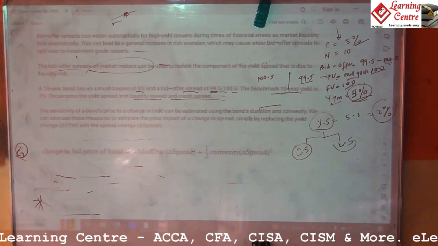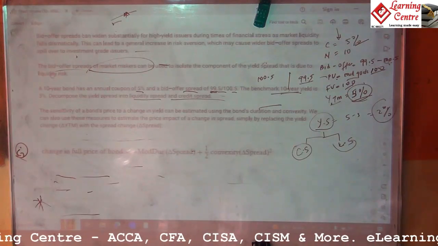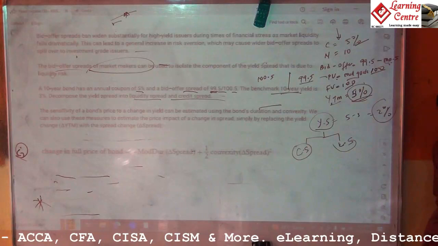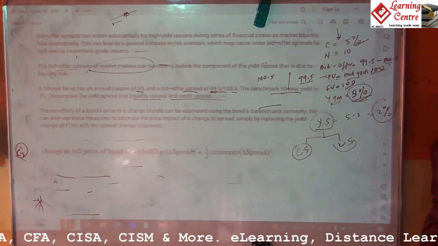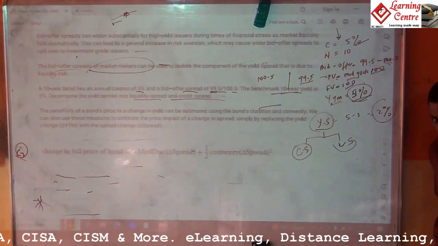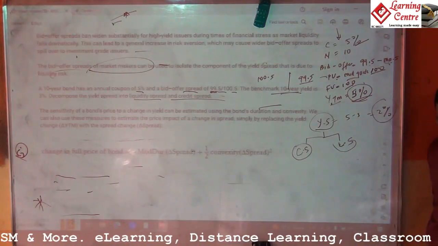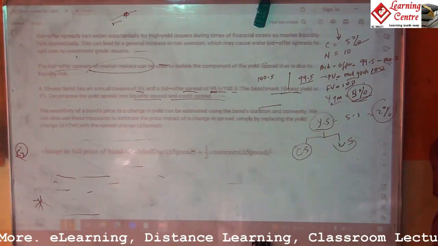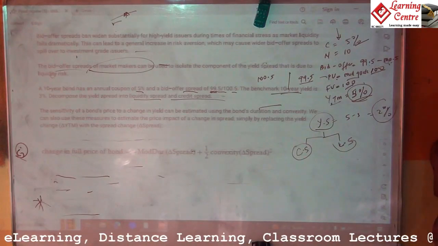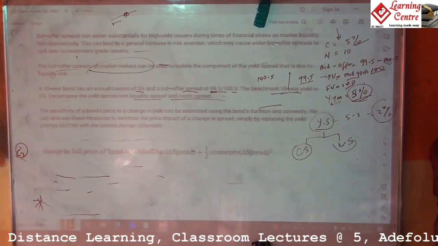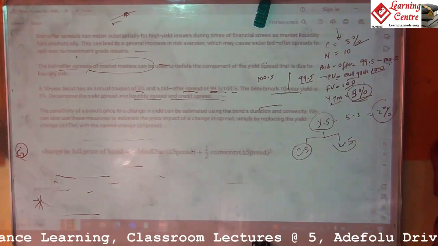Are we following this? The bid is, I'm willing to buy at 99.5. The dealer is telling you that if you are going to sell that bond to him, he's going to buy it at 99.5. The offer is, I'm willing to sell this bond to you at 100.5.